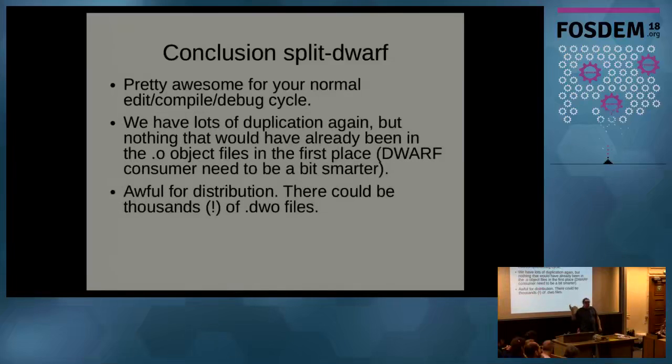We do have lots of duplications again, even for the strings now, but those were already original in the .o files. So DWARF consumers need to be a bit smarter. They have to do some of the deduplication that the linker would do.